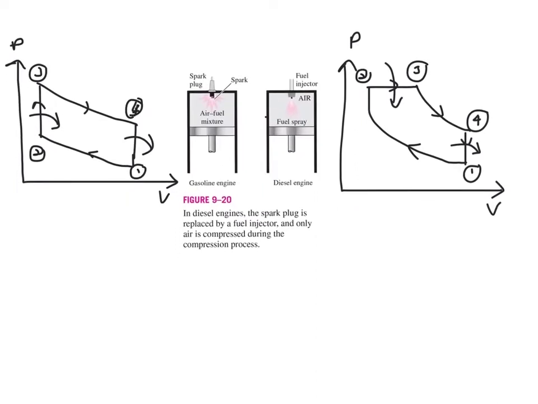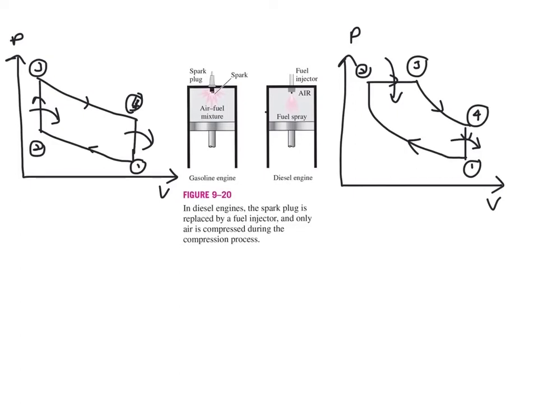Alright, now you will have another cycle, which is actually the combination of these two, and we name it a dual cycle. In a dual cycle, as the name implies, it's going to make use of your spark ignition and your compression ignition.